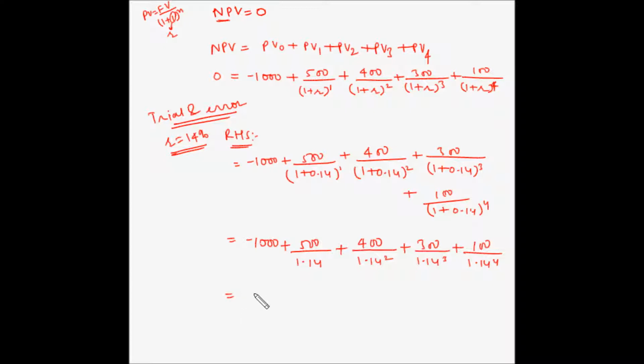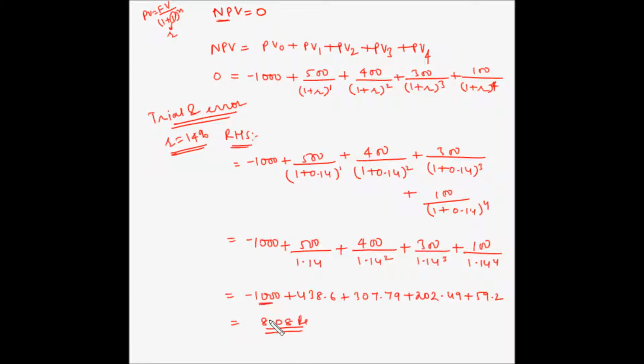So on calculation, we get the values minus 1000 plus 438.6 plus 307.79 plus 202.49 plus 59.2, and this is equal to 8.08 rupees.